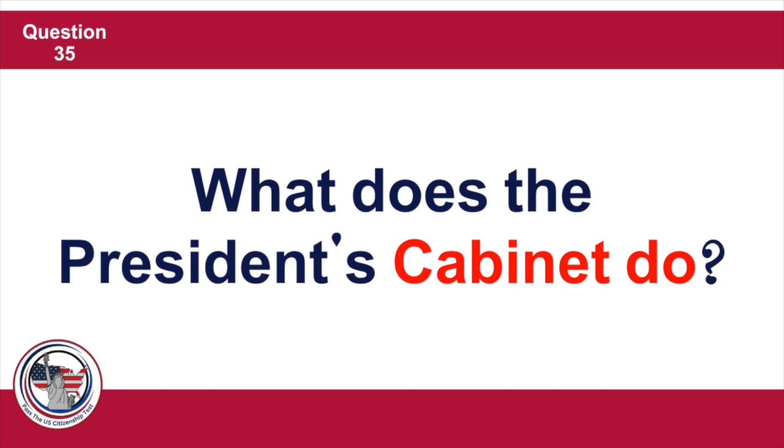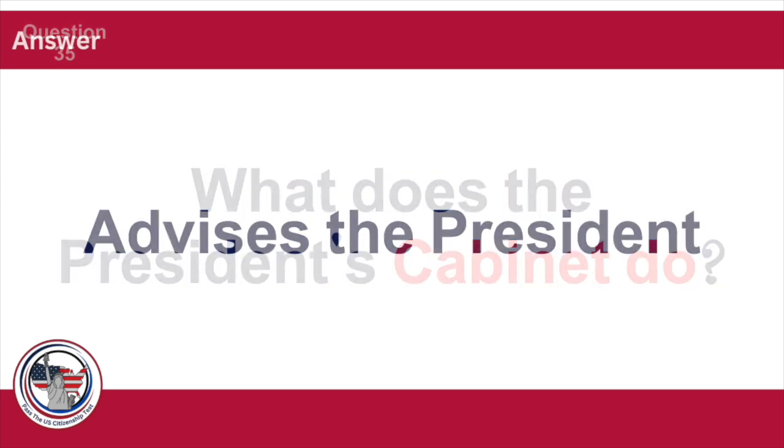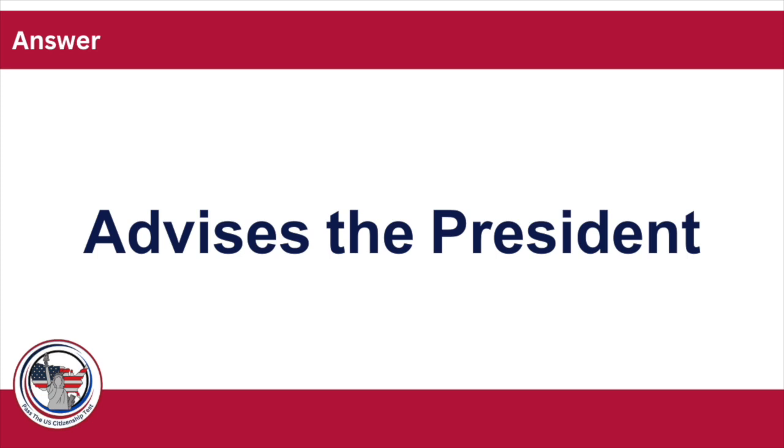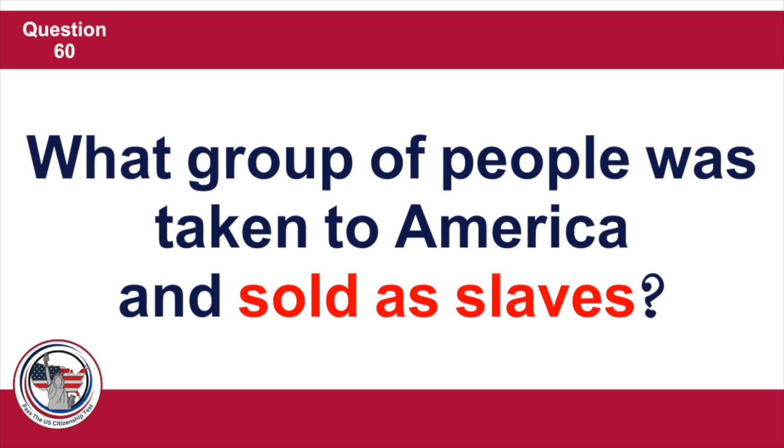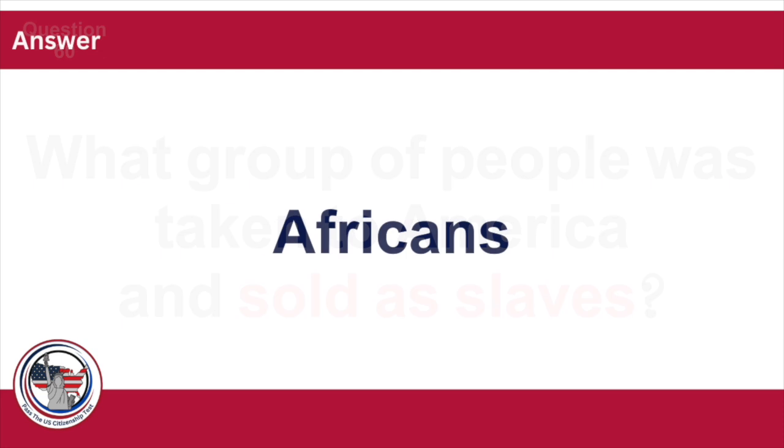What does the president's cabinet do? Advises the president. What group of people was taken to America and sold as slaves? Africans.